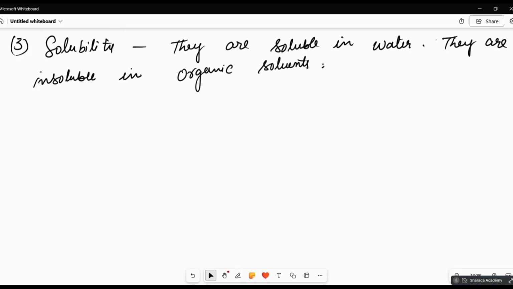Organic solvents like kerosene, benzene. Okay.